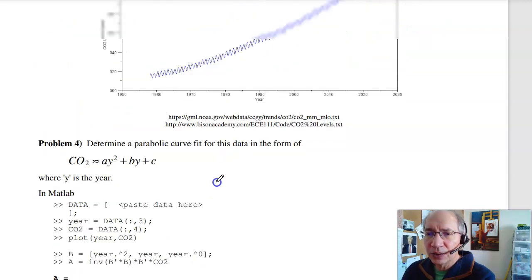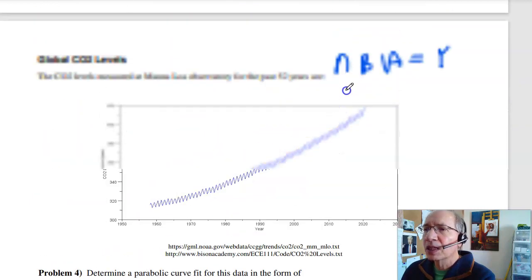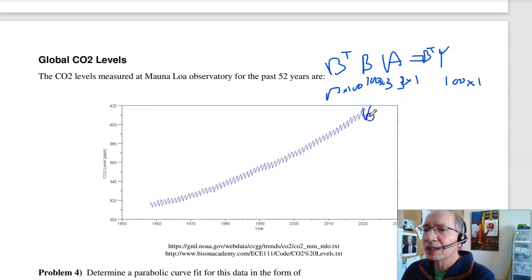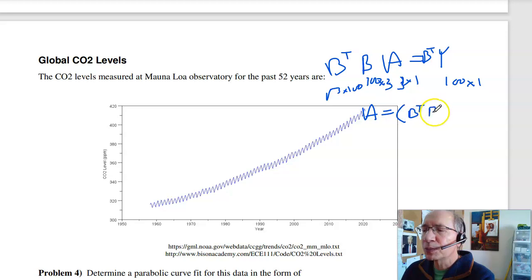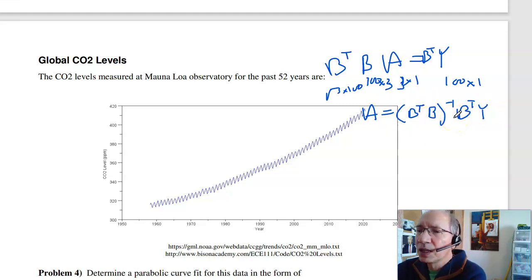The solution is my unknown A is the inverse of B transpose B, times B transpose Y. That's solving for n unknowns when I have more equations than unknowns. That's called least squares. And with that, I can solve all sorts of problems.